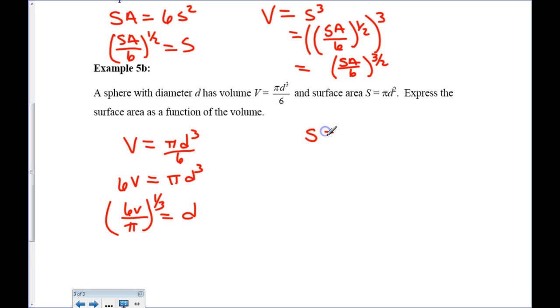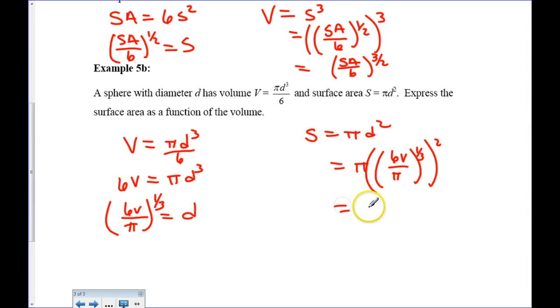So it'll be S equals pi d squared. So it ends up being pi times 6V over pi, the 1/3, squared, right? So my answer on this one is going to be pi times 6V over pi to the 2/3.